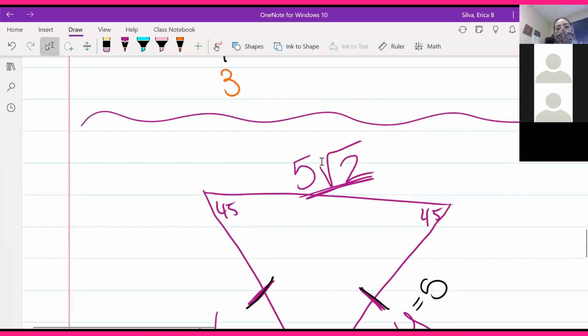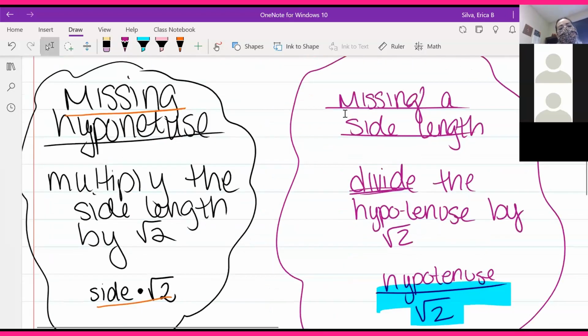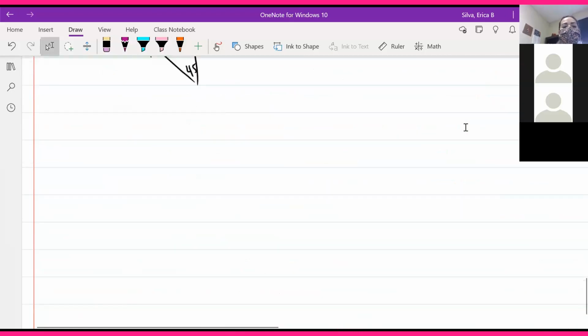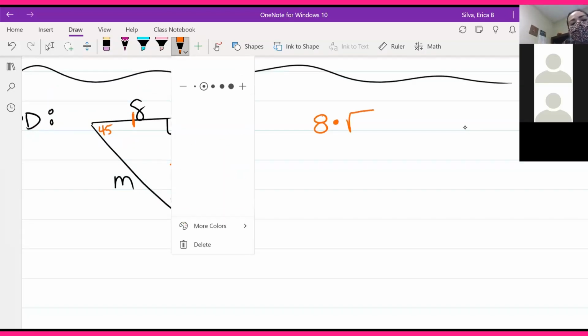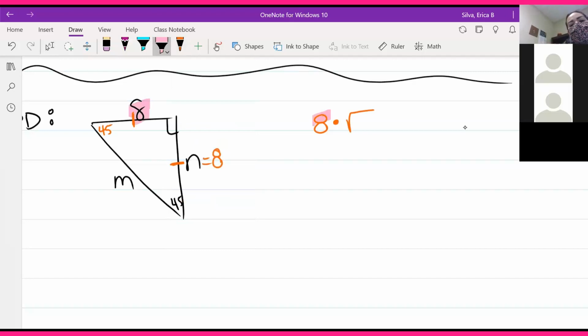Now, if we go up here, we're missing our hypotenuse. So if we're missing our hypotenuse, then we need to multiply the side length by the square root of 2. So my side length is 8, and the hypotenuse is the square root of 2 times bigger.